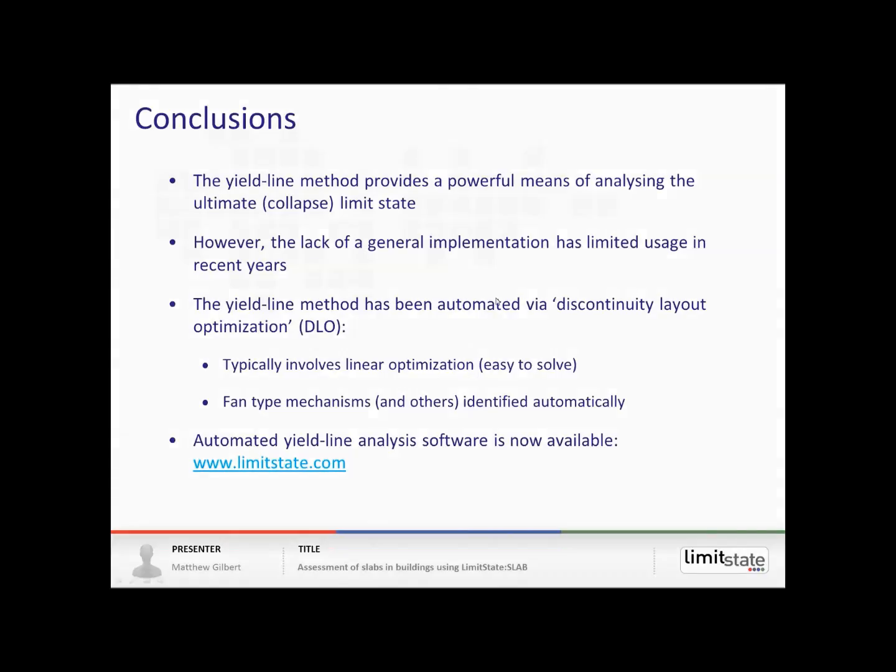to our conclusions. So what we've seen today is, firstly, the yield line method does provide a powerful means of analysing the ultimate, which is the collapse limit state, but a lack of general implementation has resulted in limited usage in practice, certainly in recent years, with finite elements, etc., perhaps being favoured over it.